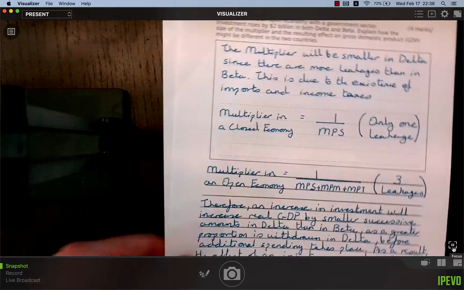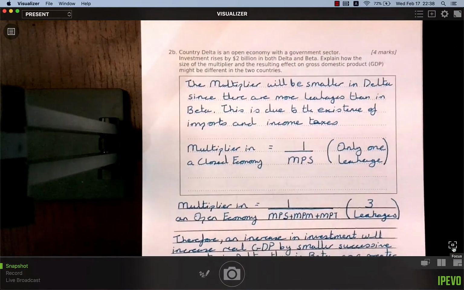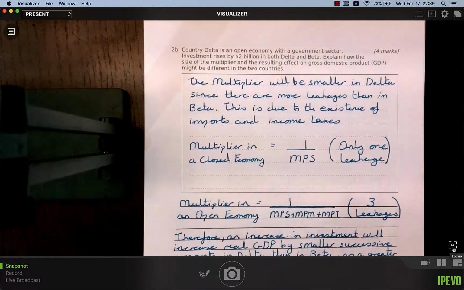Okay, now, an excellent question here. I really like this for the simple reason that it goes into the process and explains it. So I really want to take my time with this question. Country delta, which is different to beta, is an open economy. So that means there are imports, which means there's more leakages because there's an MPM.